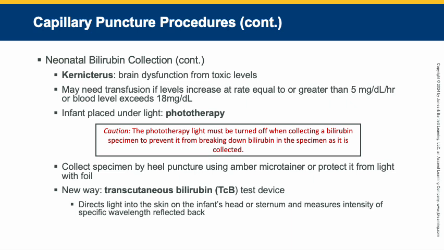A transfusion may be needed if levels increase at a rate equal to or greater than 5 milligrams per deciliter per hour, or when levels exceed 18 milligrams per deciliter. However, bilirubin breaks down in the presence of light, so jaundiced infants can be placed under special lights to lower their bilirubin levels.